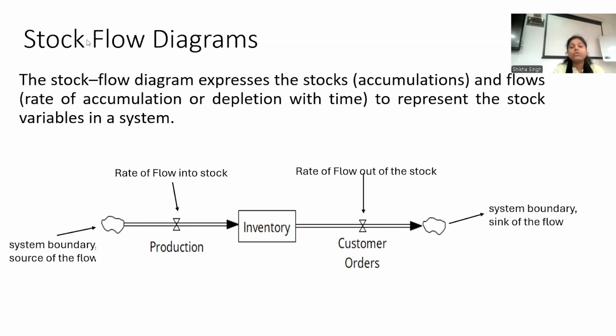So here the important point is to understand these valves are mentioning the inflow and outflow rates with which this stock variable is reducing or increasing. These clouds are basically the system boundary. One is called source and one is called sink.